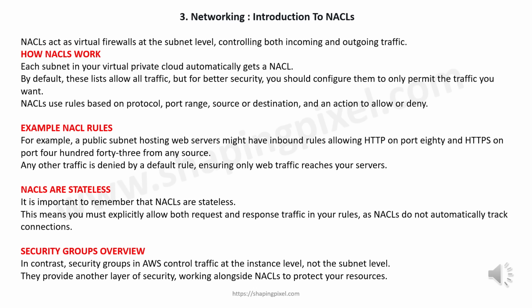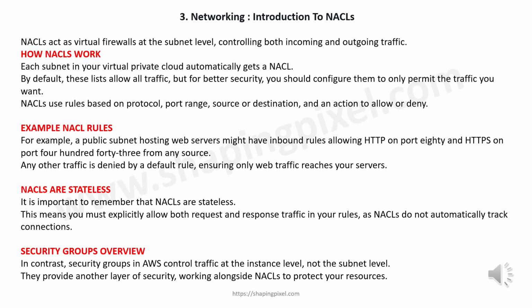Each subnet in your virtual private cloud automatically gets an NACL. By default, these lists allow all traffic, but for better security, you should configure them to only permit the traffic you want. NACLs use rules based on protocol, port range, source or destination, and an action to allow or deny.